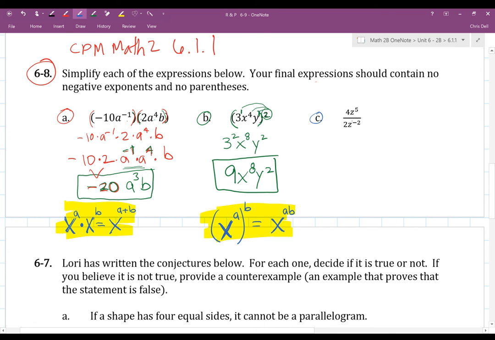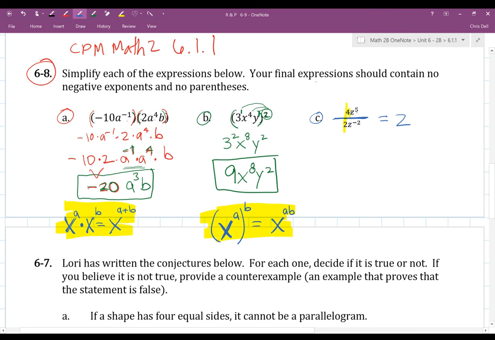Part C now has division, simplifying with division of bases and exponents. First, the coefficients can divide because it's 4 over 2. When everything's multiplication, we can treat these separately. So 4 divided by 2 is equal to 2.